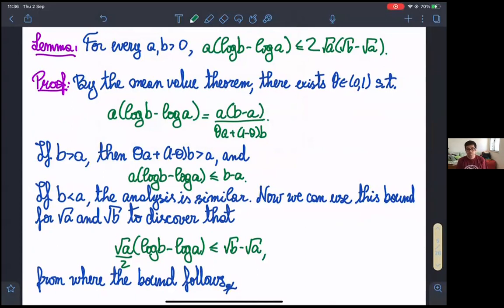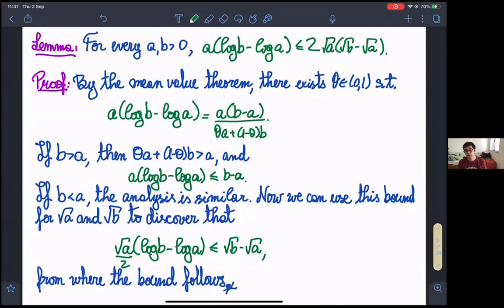So we start. It's more or less clear that this log b minus log a you can bound by the mean value theorem. Okay, so it's going to be smaller than b minus a times the derivative somewhere in the middle. And so you say that if b is bigger than a, then you can bound below the denominator by a, which cancels with a above, and you get this bound.